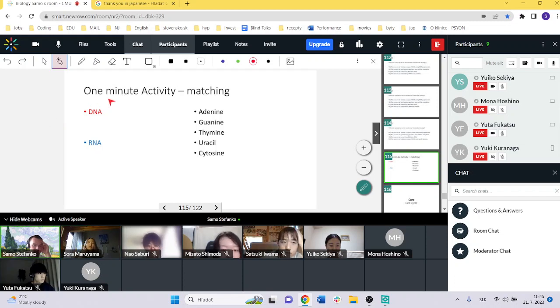Perfect. So please, Sora, can you link adenine with the red color to DNA and with the blue color to RNA? How to change the color? Okay, perfect. Thank you very much.